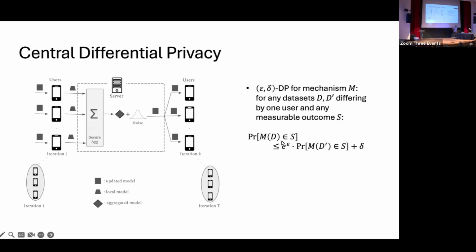But then what the server does at this point is, on these aggregated updates, apply some noise before releasing the model. So in this model, you have DP with respect to the clients who get the updated model and the final model, but unfortunately not with respect to the server.